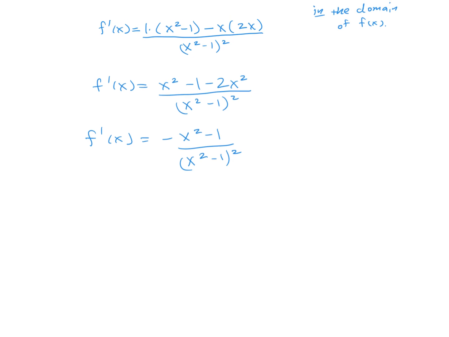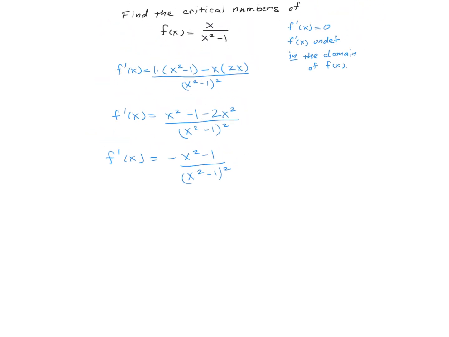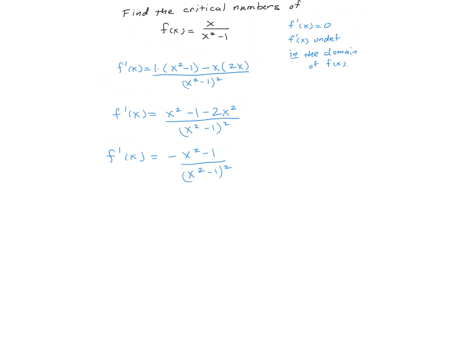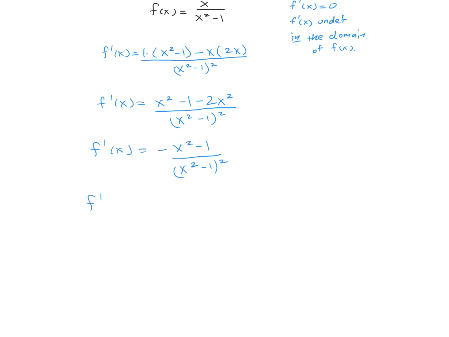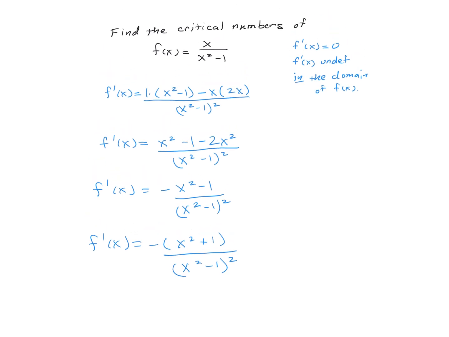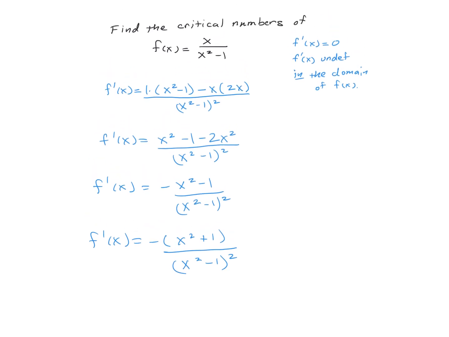At this point, it's helpful for us to factor our numerator. So in doing so, f prime of x is equal to negative x squared plus 1, divided by x squared minus 1, squared. So this is our derivative for this function, and you will notice that it is never equal to 0, because the only way that would happen is if x squared plus 1 equals 0.